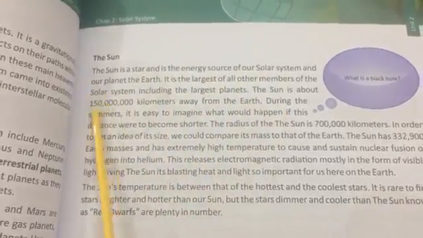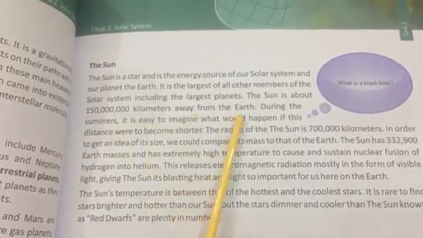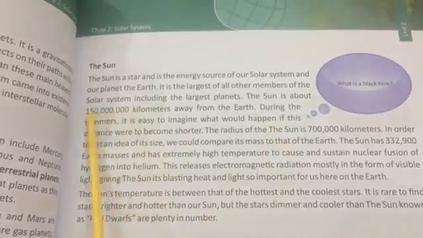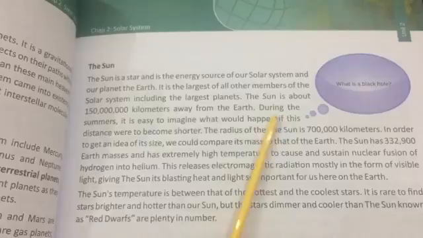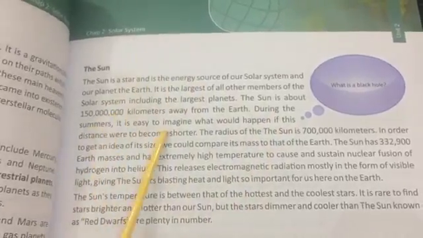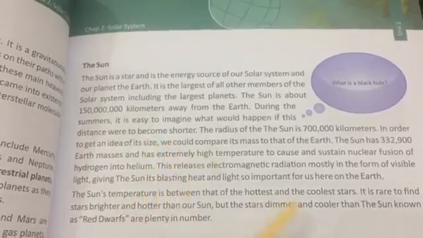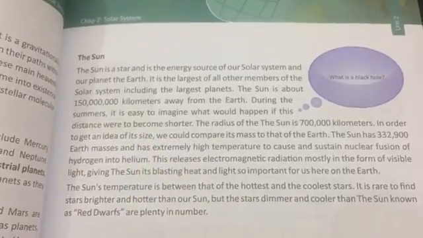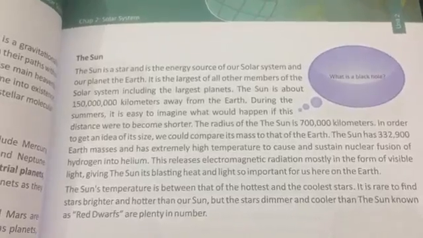The Sun is about 150 lakh kilometers away from the Earth. During the summers, it is easy to imagine what would happen if this distance were to become shorter. We experience in summers that if this distance became shorter, what would happen, right?